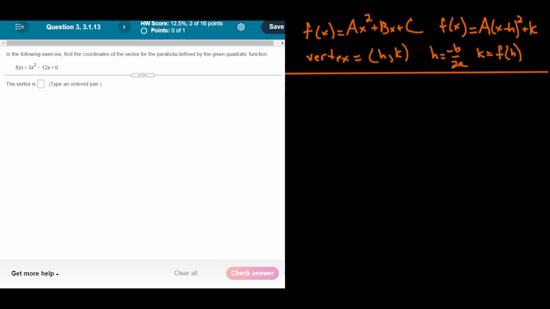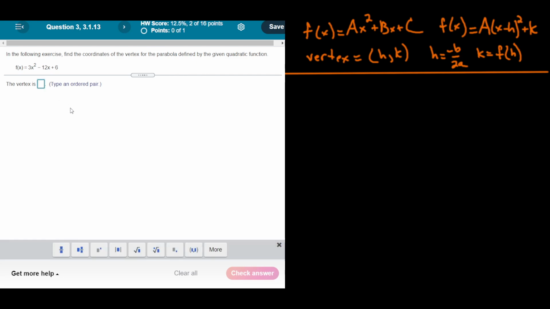Let's go ahead and do it. Might as well. The vertex, and this is going to be good practice for you. So let me put blue ink. We have f of x is equal to 3x squared minus 12x plus 6. So here's your a, your b, and your c.